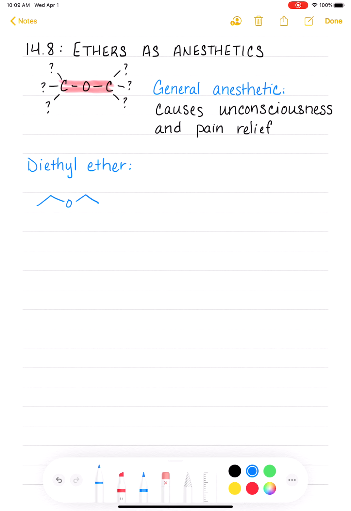Looks kind of like a bat. So this was the first general anesthetic. This was first reported used back in 1846, so a long time ago.